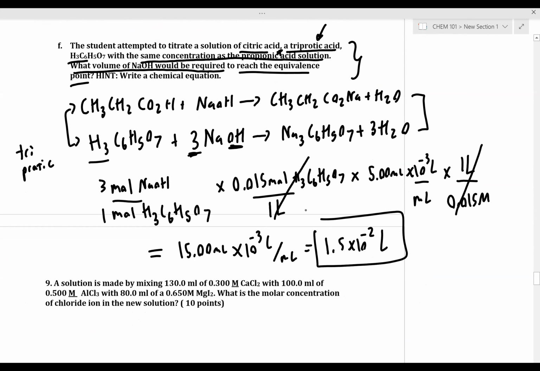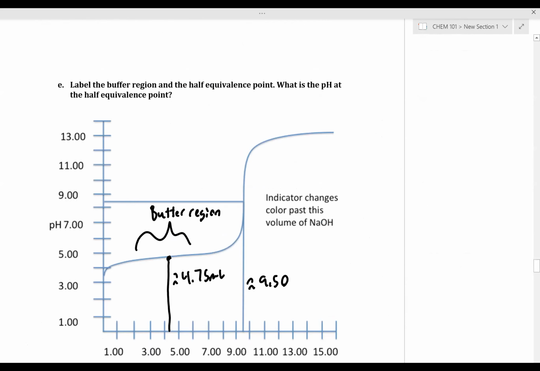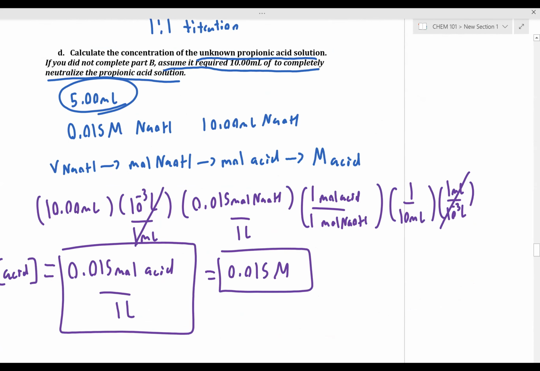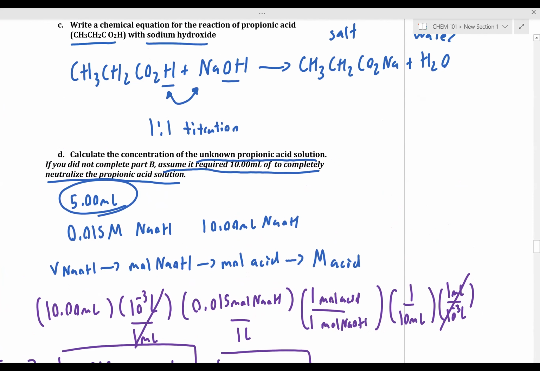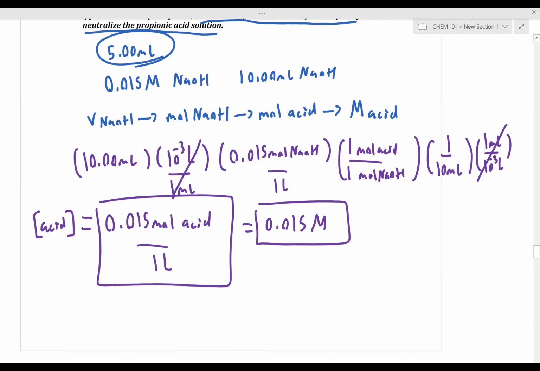Now, the math is not as important here as what you can derive from the chemical equation. What can you derive from this chemical equation? So looking at this chemical equation in detail, in our original problem, oh, there's one typo here.